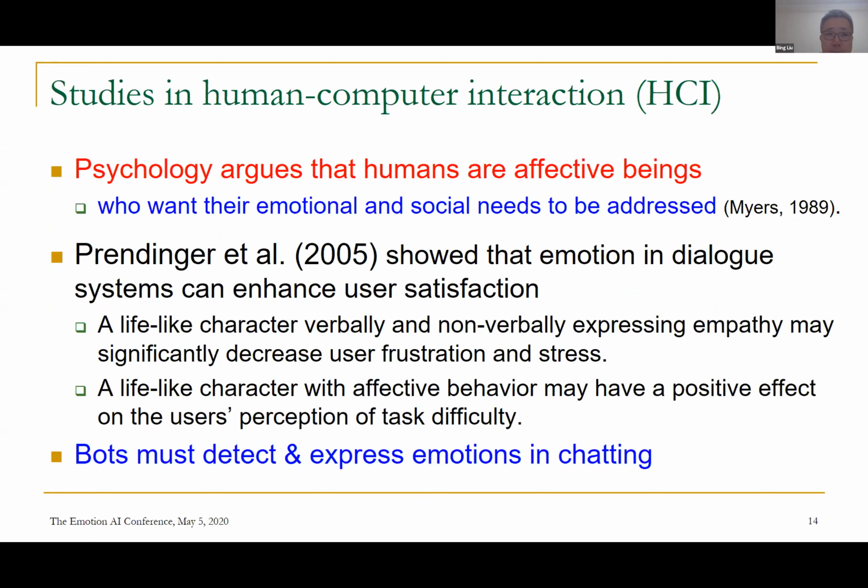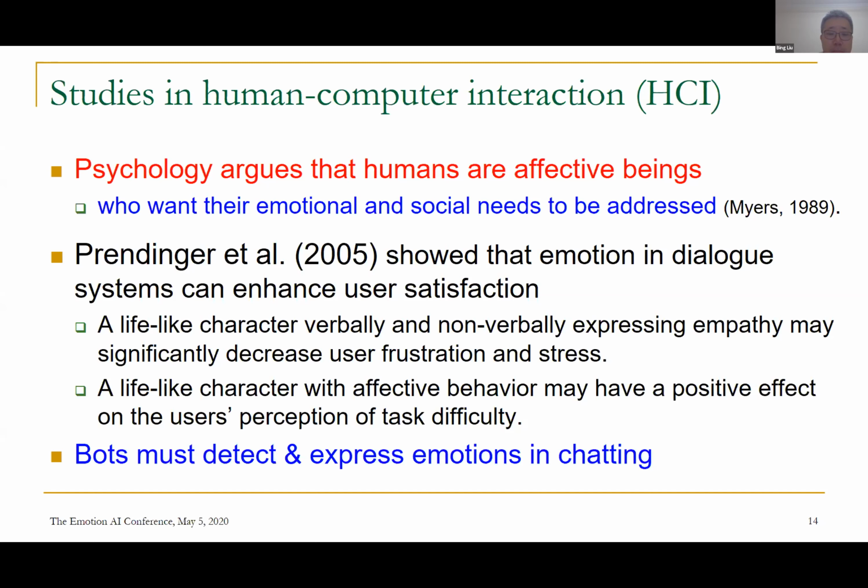But now what happens when you have a human and a computer? This is the area that human computer interaction researchers work on. Psychology, which is of course the starting point, argues that humans are affective beings, which basically means we are quite emotional.